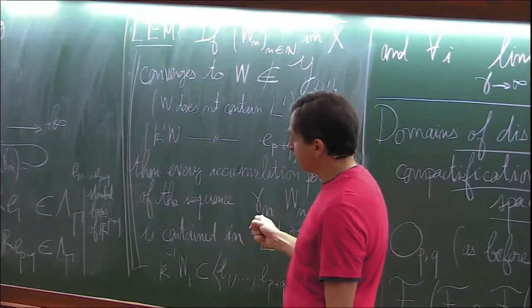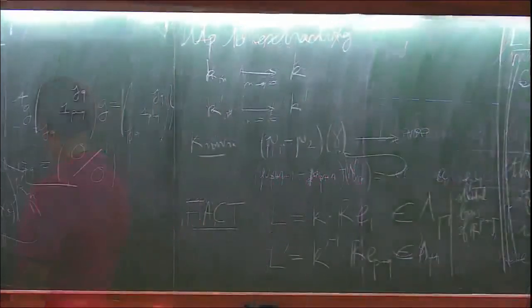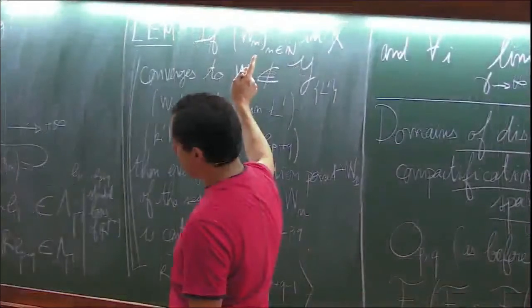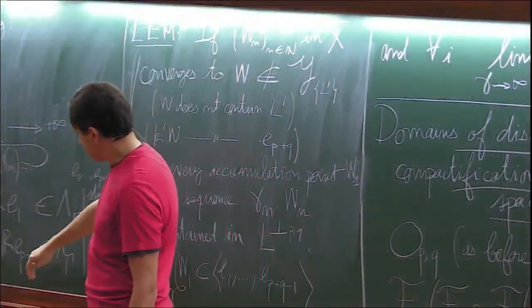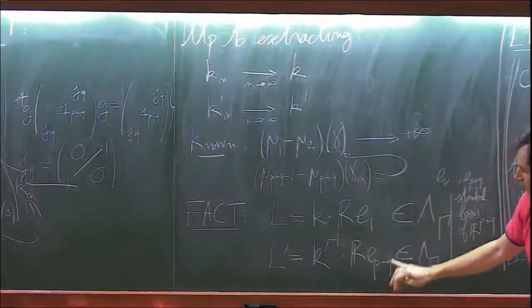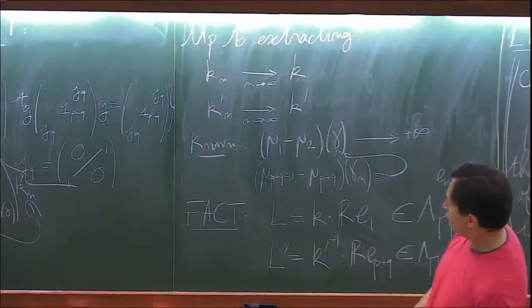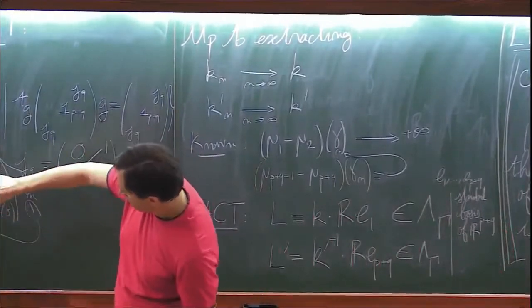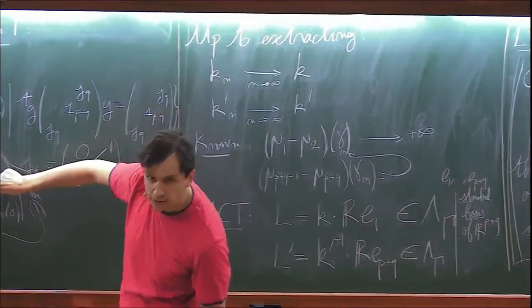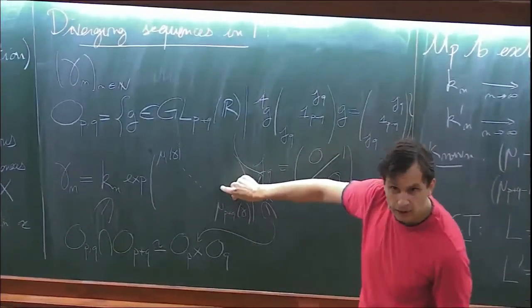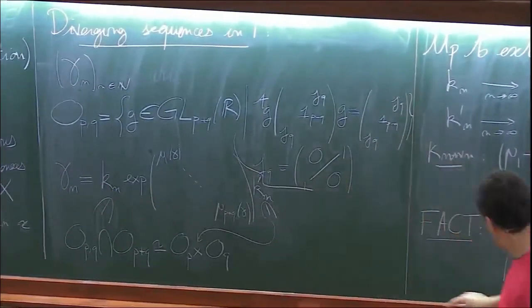So we just need to understand if a sequence of hyperplanes does not converge to a Q-plane that does not contain EP plus Q, and we apply to this sequence matrices with the last two terms going to plus infinity, then it will kill.